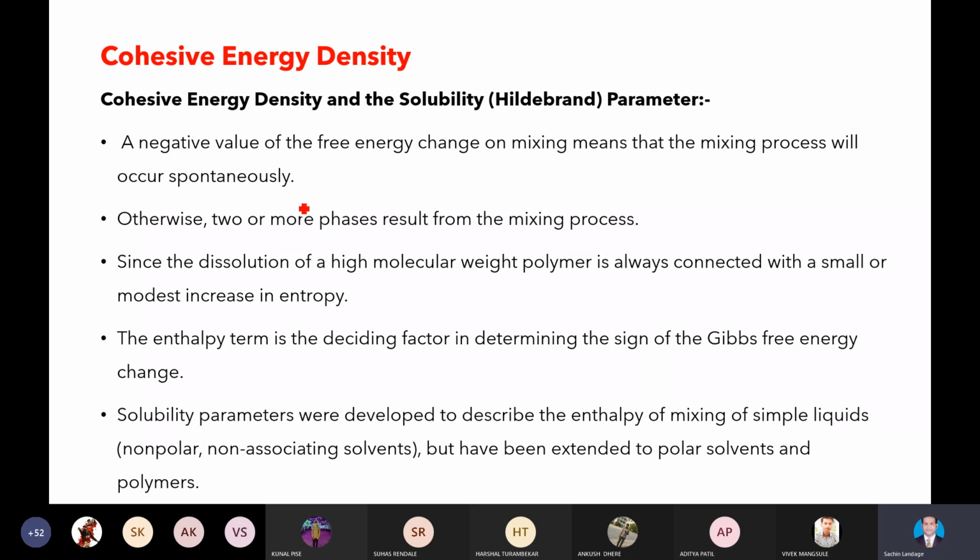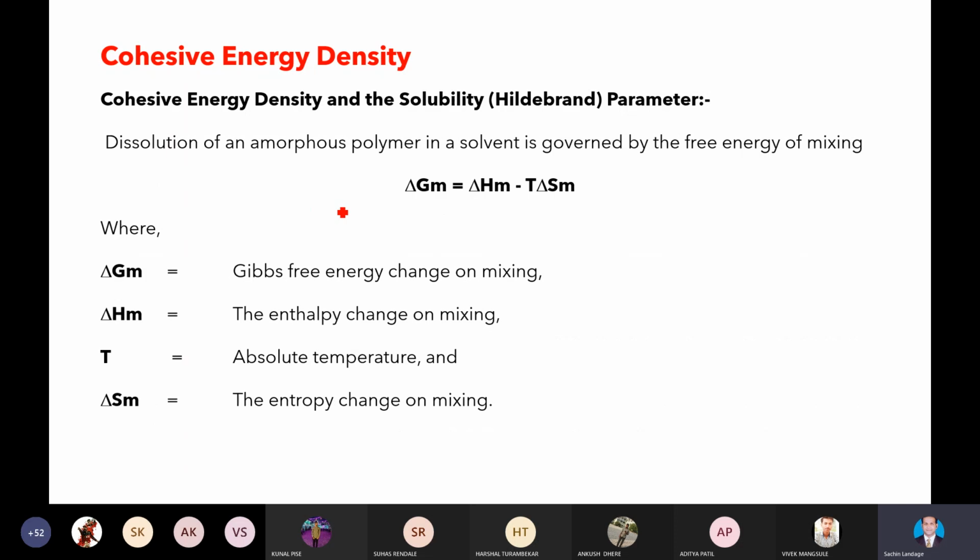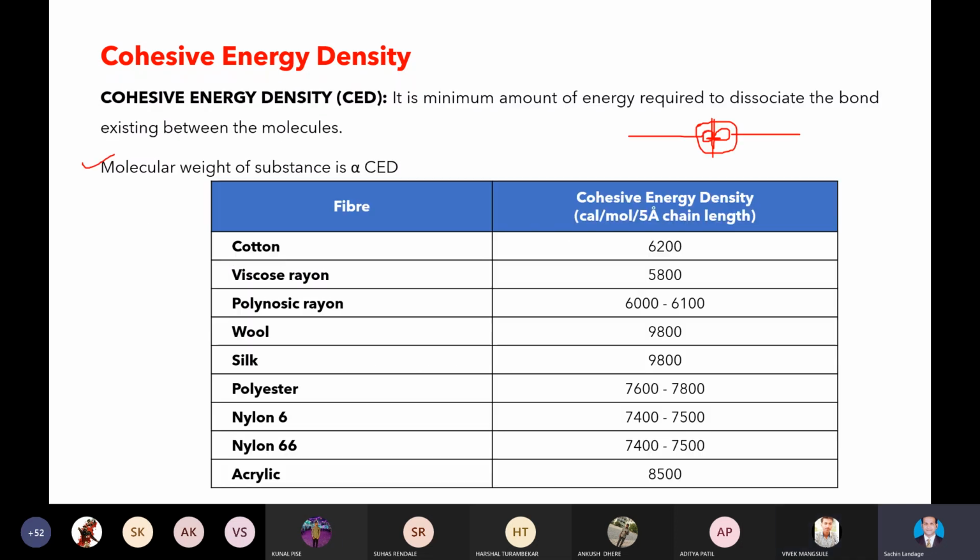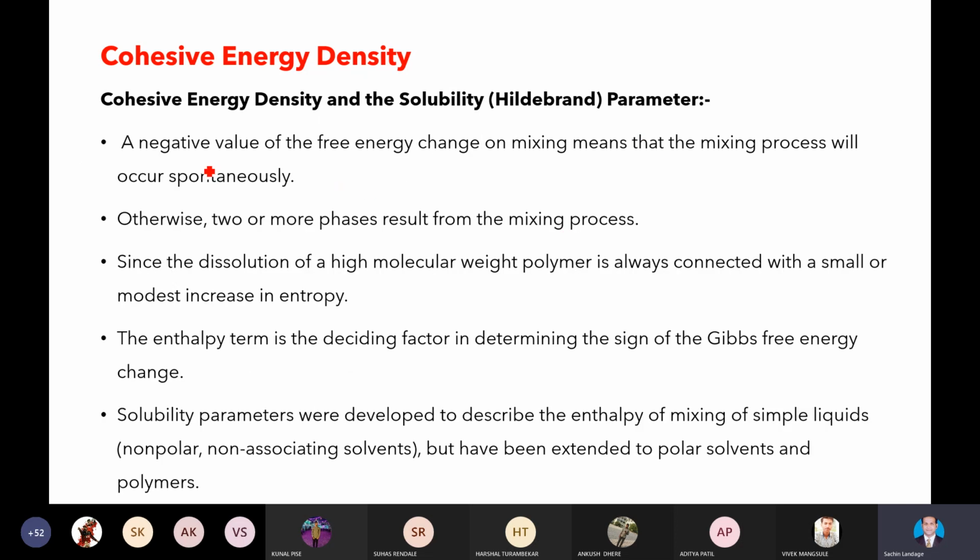We get the negative value when delta H is less than T delta S, and only then the solubility goes on. Otherwise, two or more phases will result in a mixing. Now, for example, suppose I have taken the cotton fiber and added water over there. Will it get mixed?